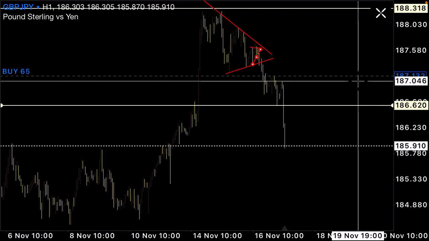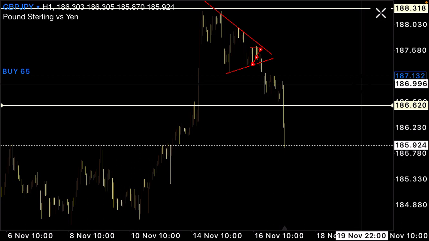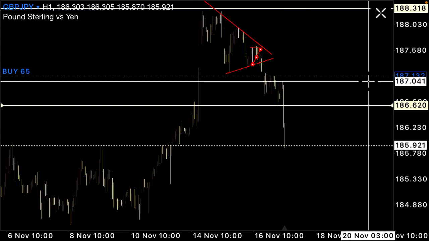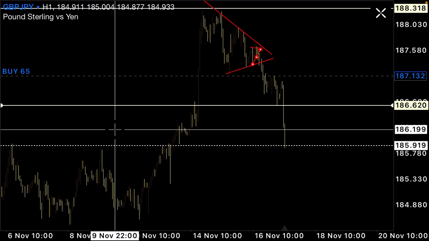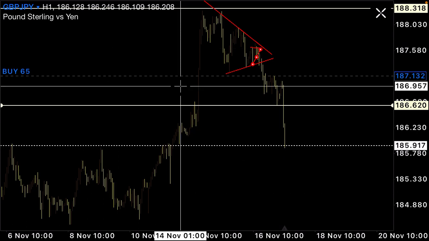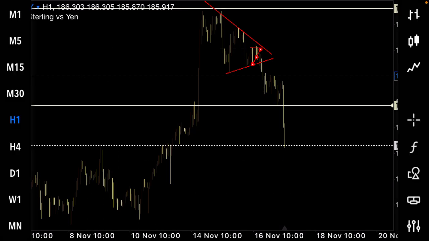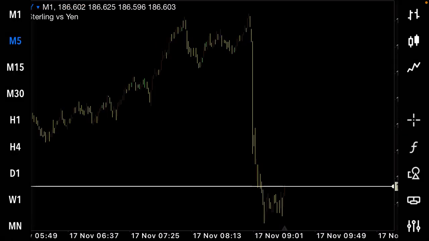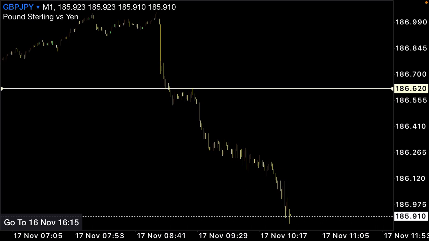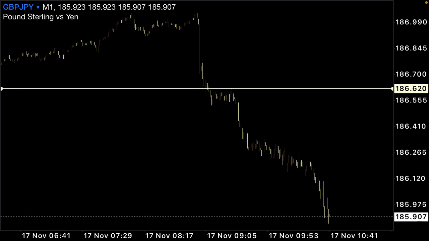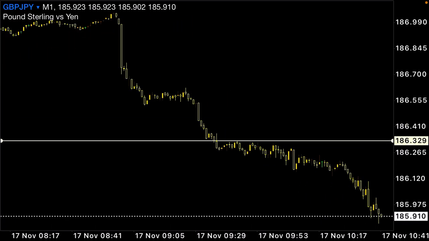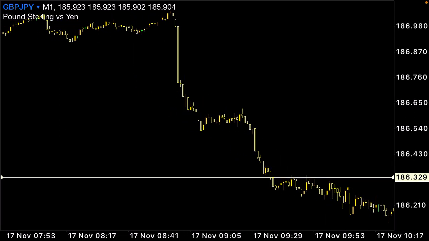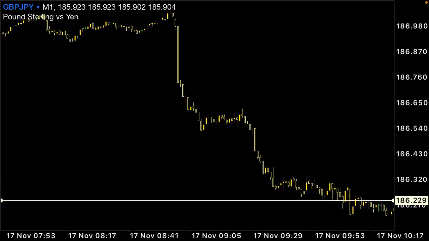Then there was a news event. It was pound retail sales. And then on the 5-minute chart, actually go to the 1-minute chart. So there it is on the 1-minute chart. After the news event came out, it automatically spiked down.